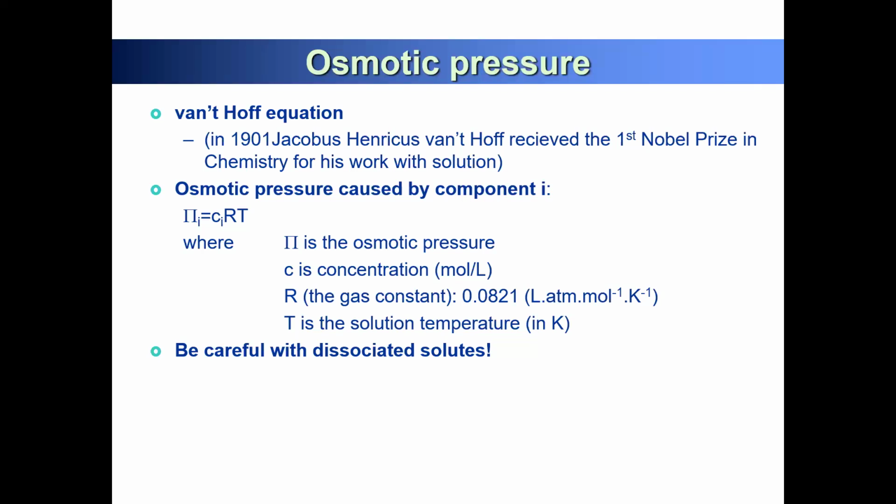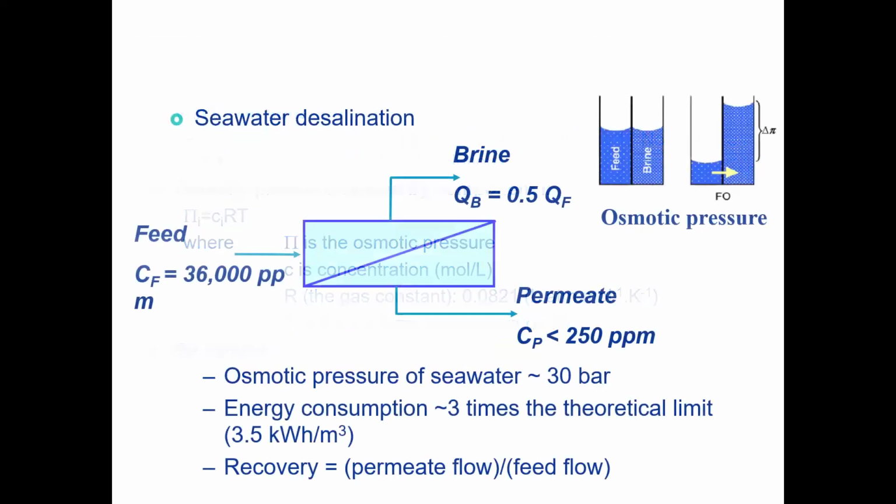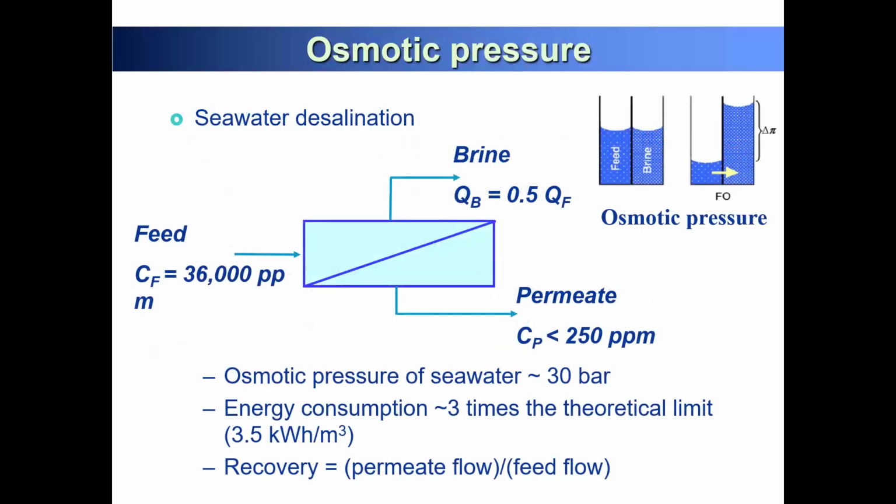So the dissociated solutes are three, which means you have to multiply by 3. How many ions each dissolved solute gives affects your osmotic pressure. So you can calculate based on this equation, and this will impact your overall calculation of osmotic pressure.